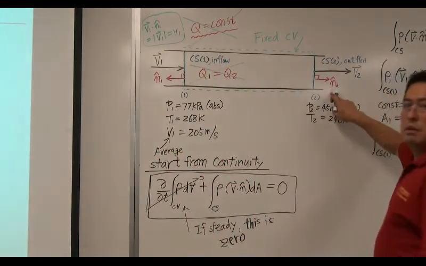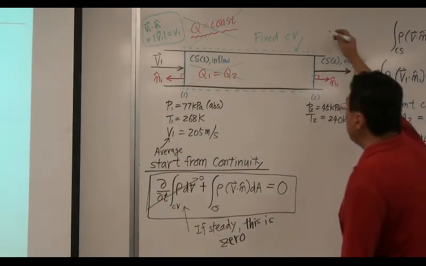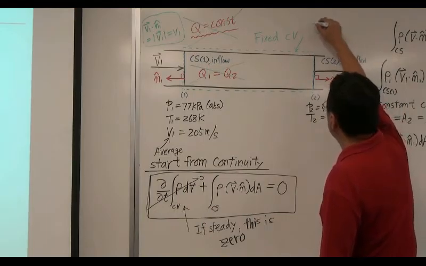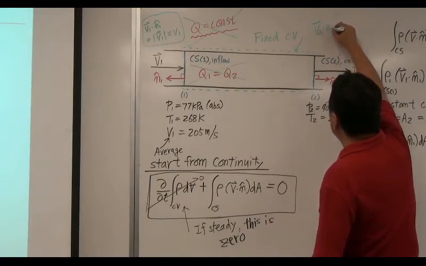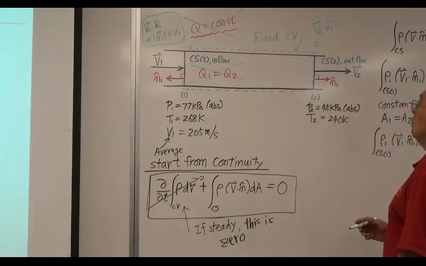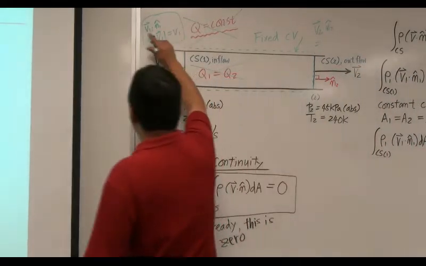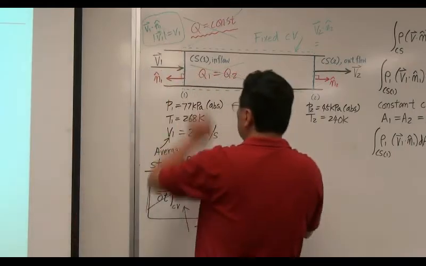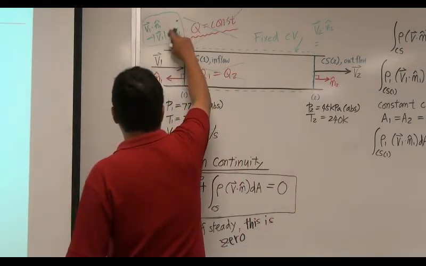How about control surface 2? If you do the same thing, V2, take a dot product with n2. Sorry, let's go back. V1 is a vector in the opposing direction to n1, so it's going to be minus, right?